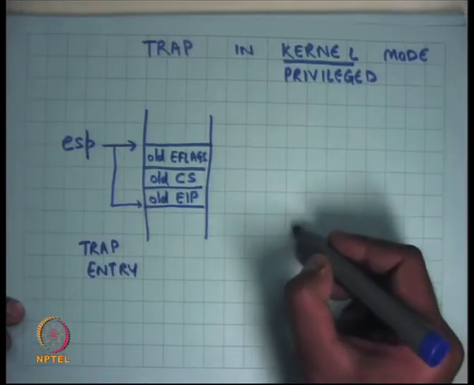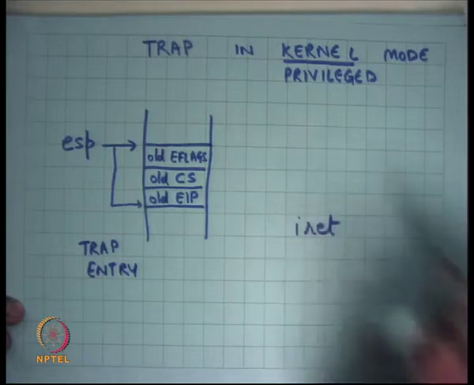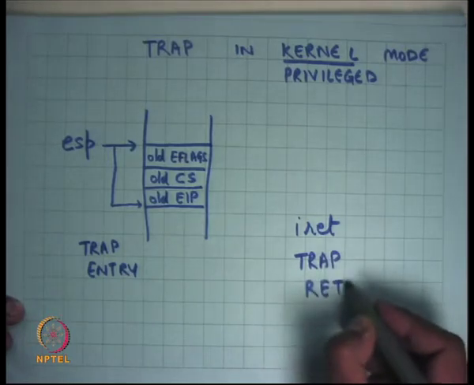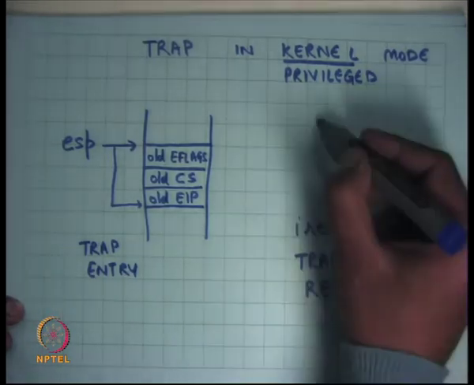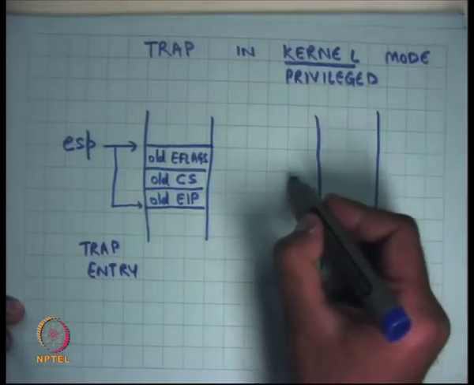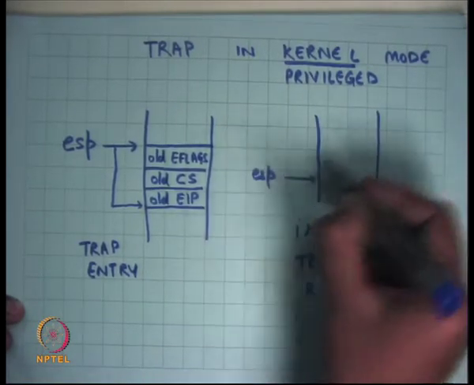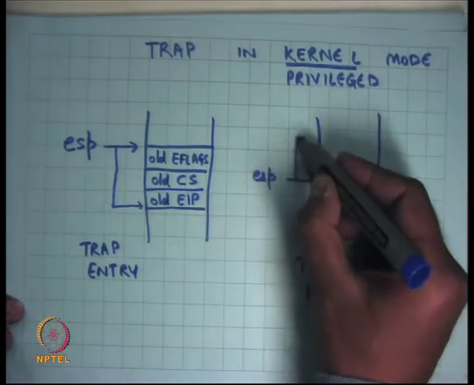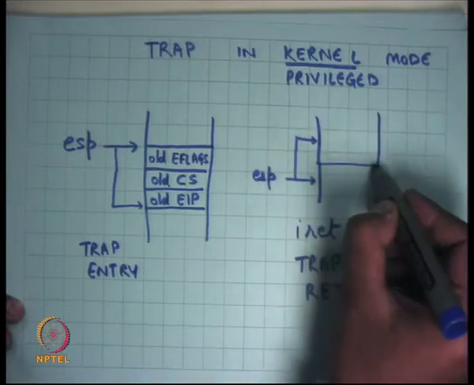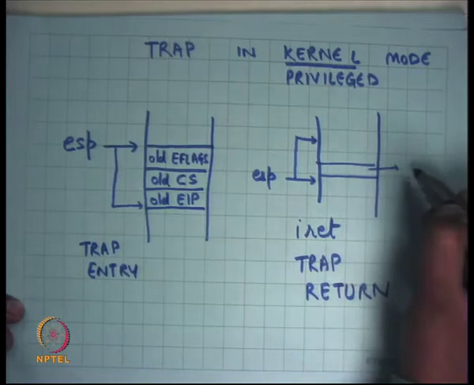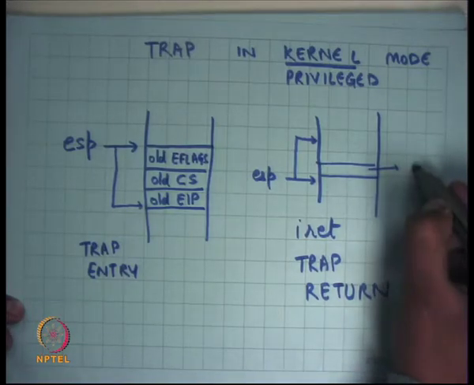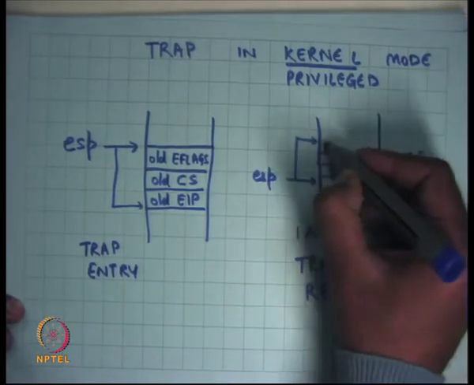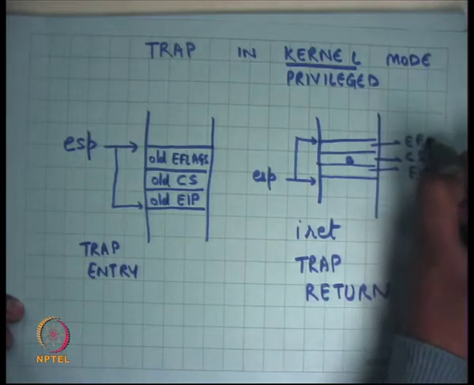So we need a special instruction called interrupt return, IRET. Or I'm going to call it trap return. And here, if the ESP is pointing at this place, an interrupt return is going to pop the stack and put the first value into the EIP register, the second value into the CS register, and the third value into the EFLAGS register.